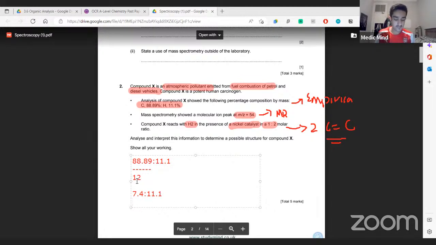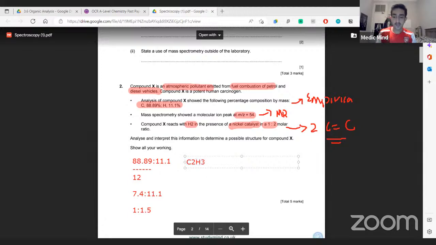Then divide 11.1 by 7.4, which is exactly a ratio of 1 to 1.5, which means that in its whole number form, the empirical formula is going to be C2H3. I'll explain that later. But now I know that it's C2H3.